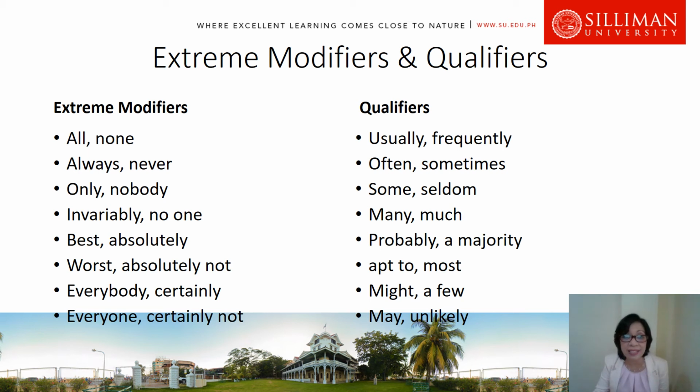So what are these? All, none, always, never, only, nobody. And for the qualifiers in the second column, you need to avoid the words usually, frequently, often, sometimes, some, or seldom, and so on and so forth.